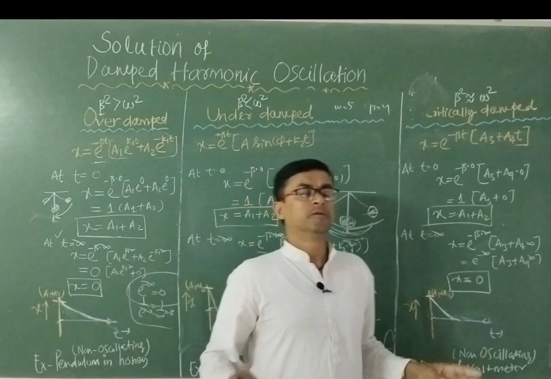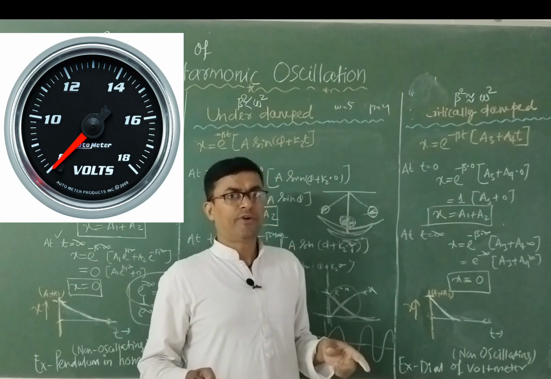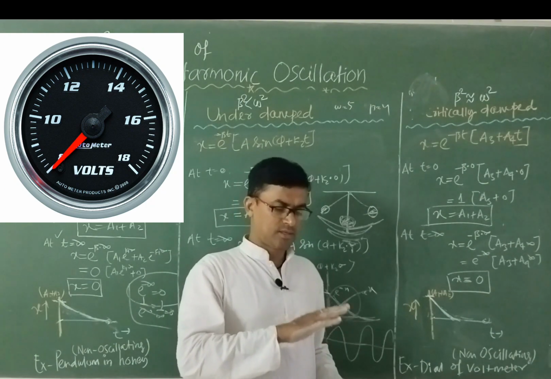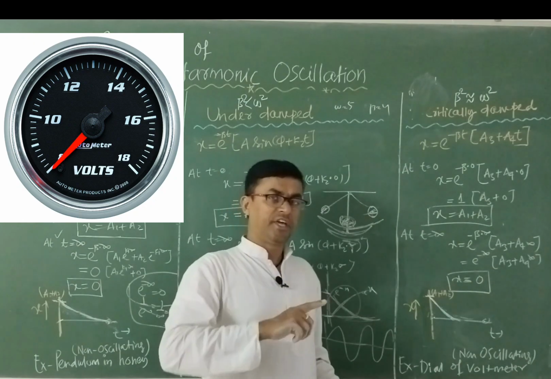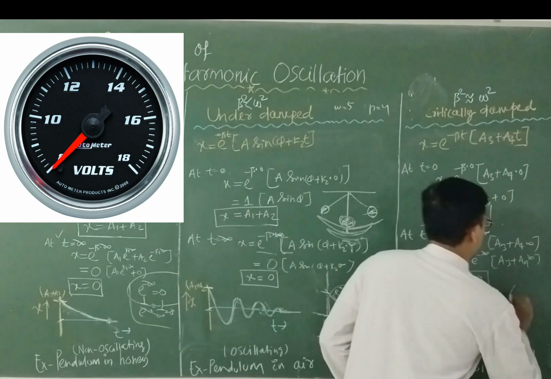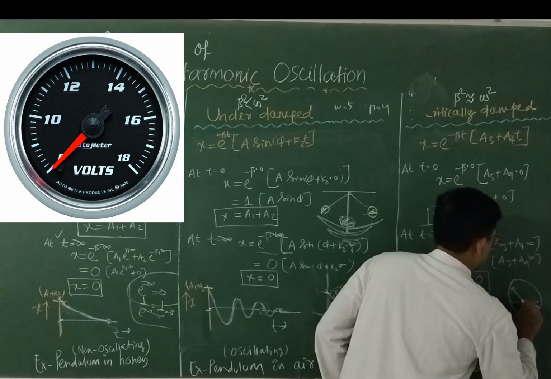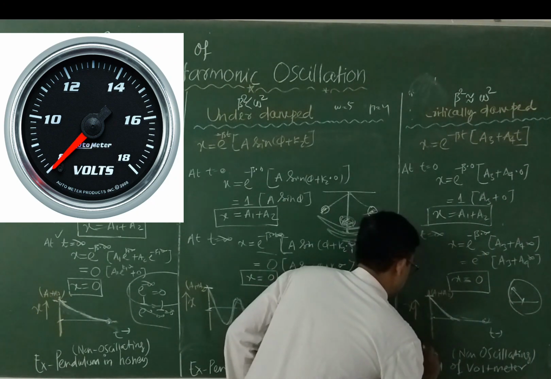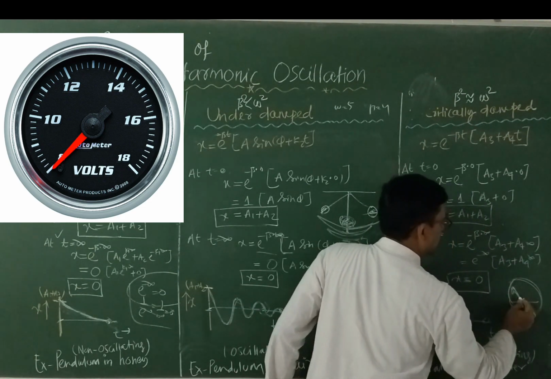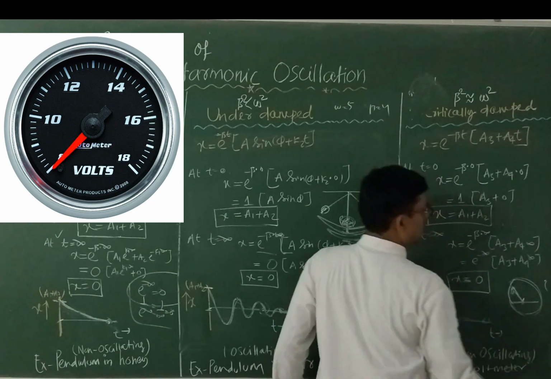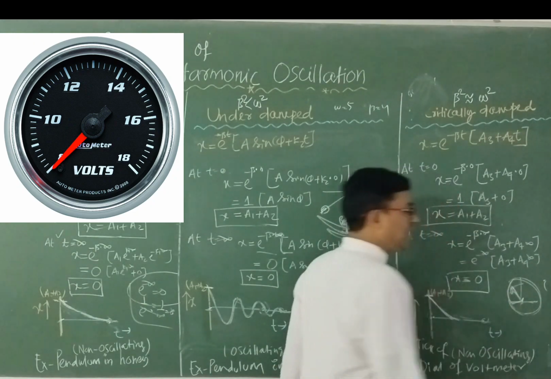Whenever we measure the voltage across the two ends of any metal, when you connect the two ends, the tick of the dial suddenly shows the value, and when you leave it, suddenly it falls to zero.